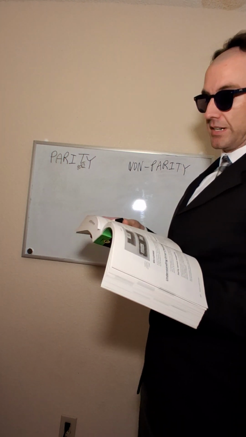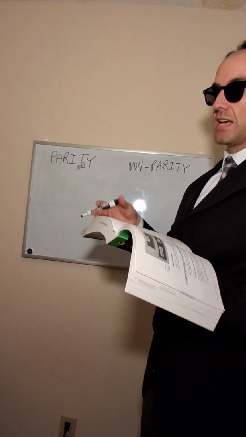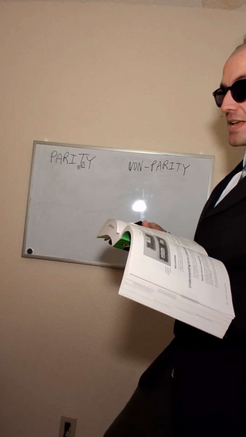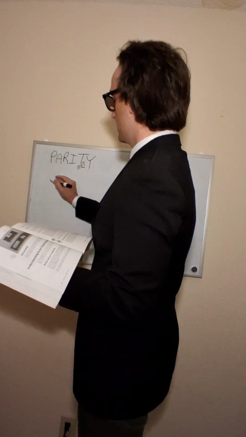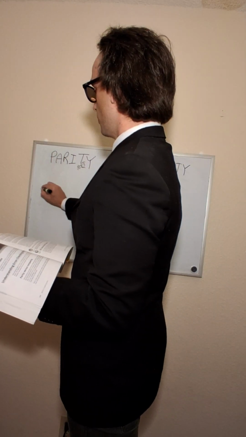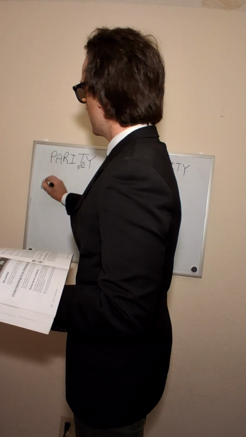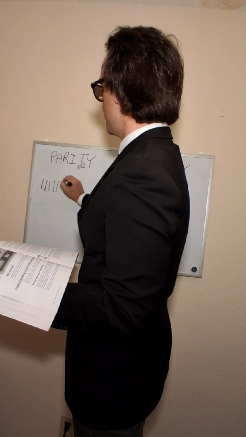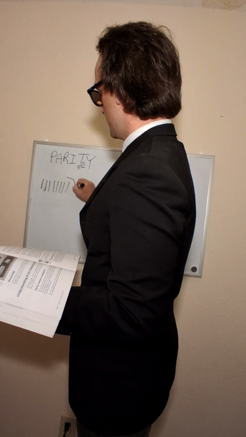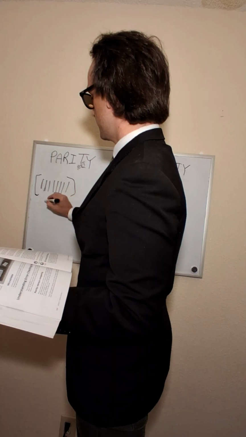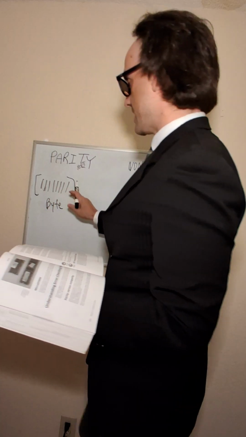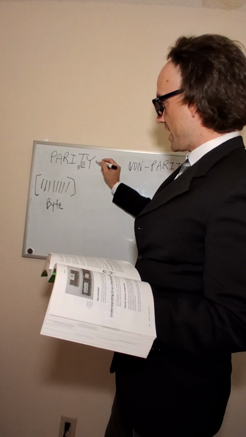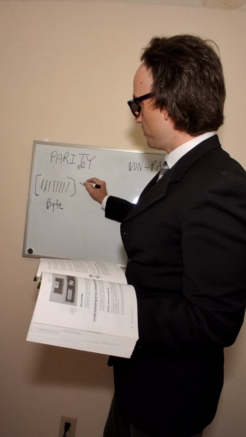With parity memory, for every byte, 8 bits, of data written to memory, there is an additional 9th bit, the parity bit. So 1, 2, 3, 4, 5, 6, 7, 8. That's our byte. So with every byte, when it's with parity, it puts one more bit.